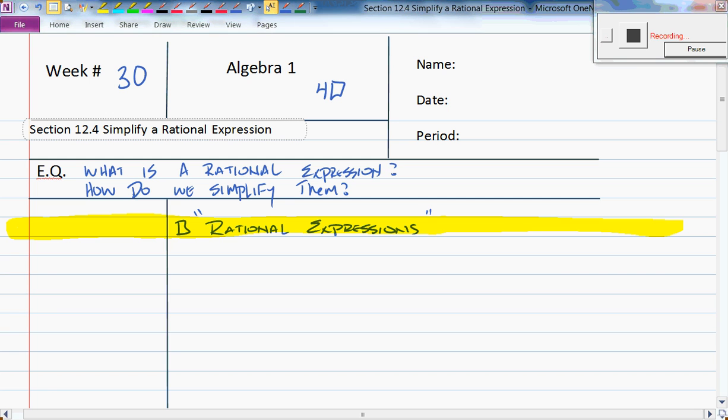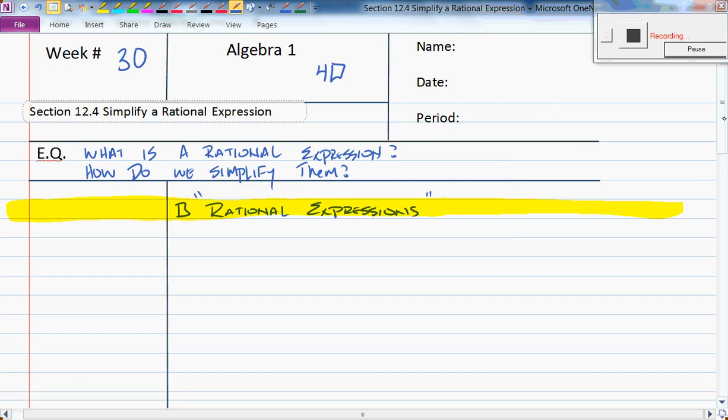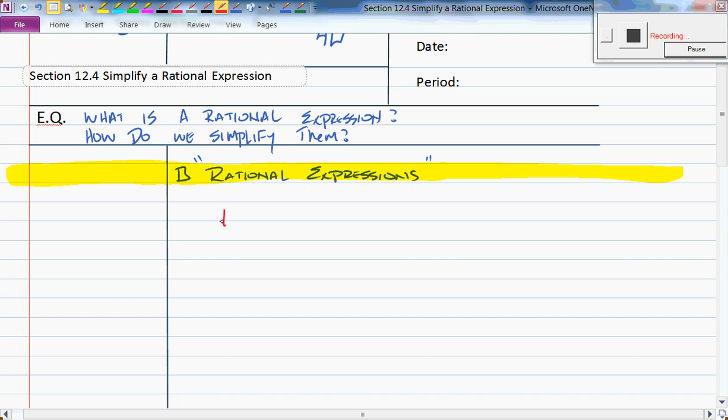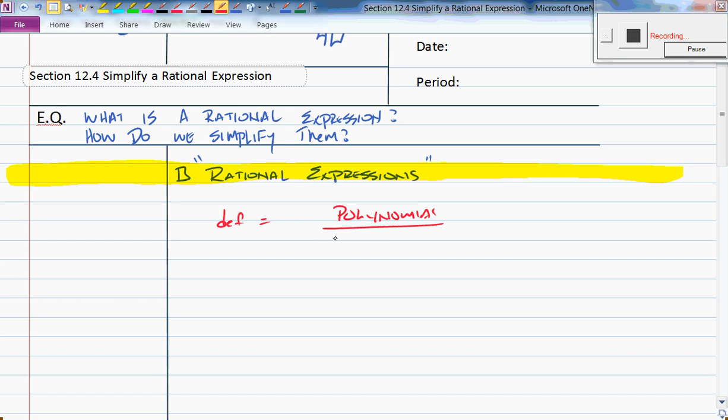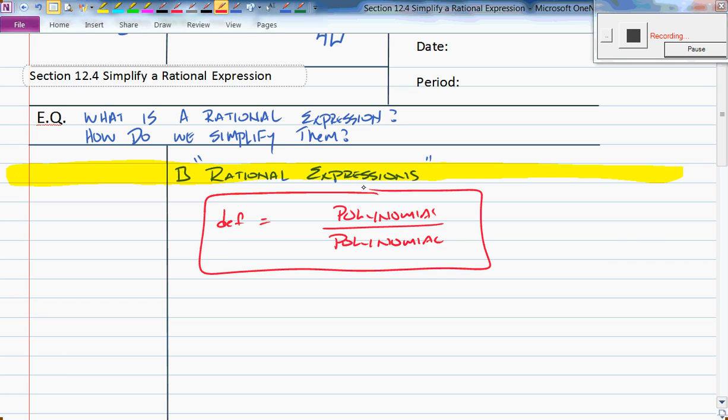So, rational expression. The definition for us is a polynomial over a polynomial. That is a rational expression. I want you guys to make up a rational expression.